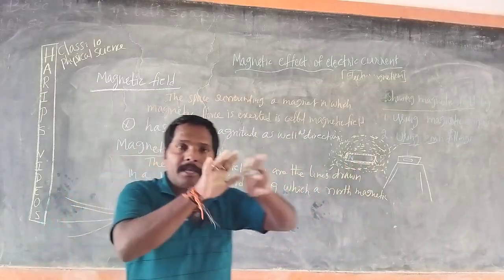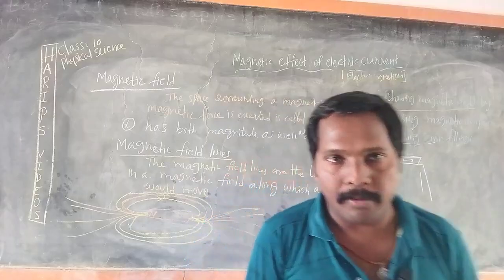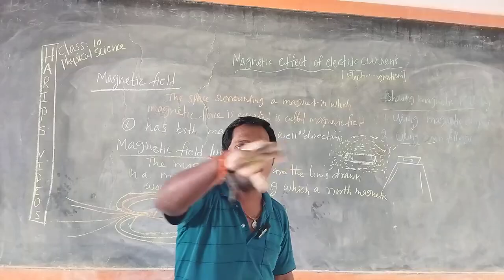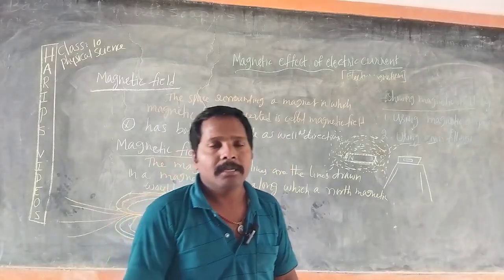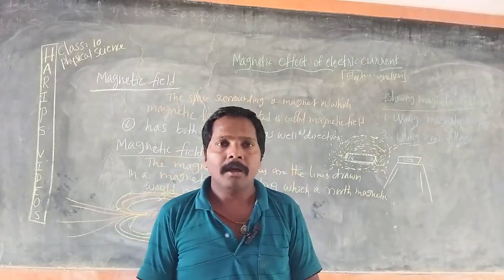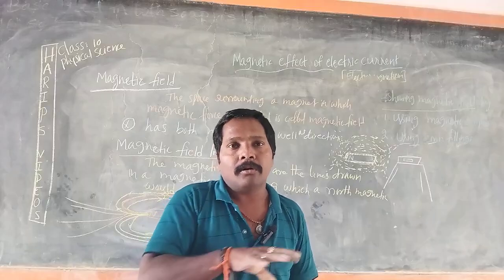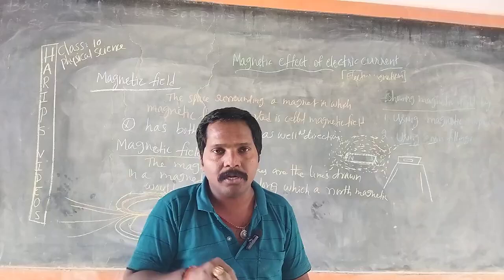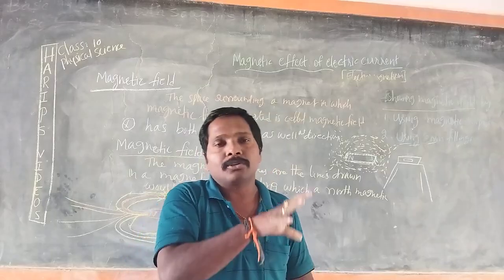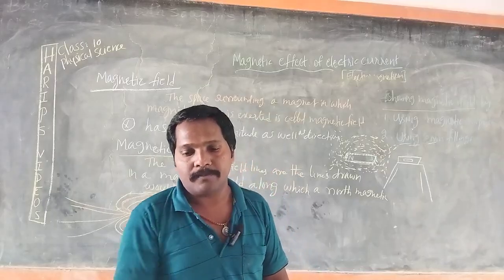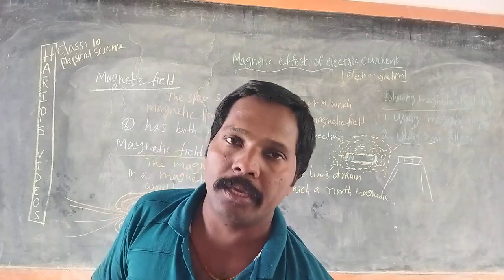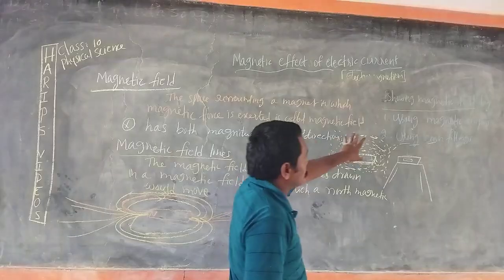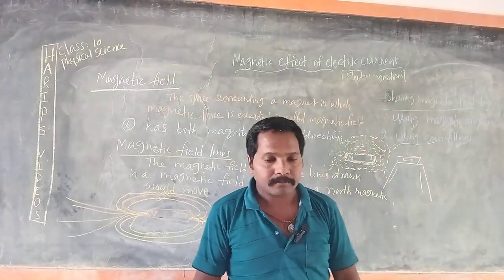So spread a sheet on a table, place the bar magnet in the middle of the paper, sprinkle some iron filings around the magnet, and gently strike the table. While we are striking, the iron filings are arranged in a particular pattern around the bar magnet. That pattern shows the magnetic field of a bar magnet. This is by using iron filings.